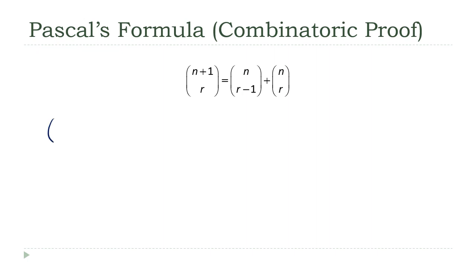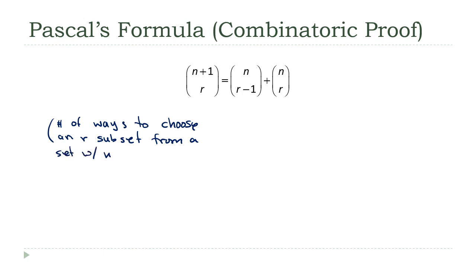Left-hand side is the number of ways to choose an r subset with r elements from a set with n plus 1 elements. Okay, so here's what I want you to do. See what's going on the right-hand side. Let A equal this set with n plus 1 elements.